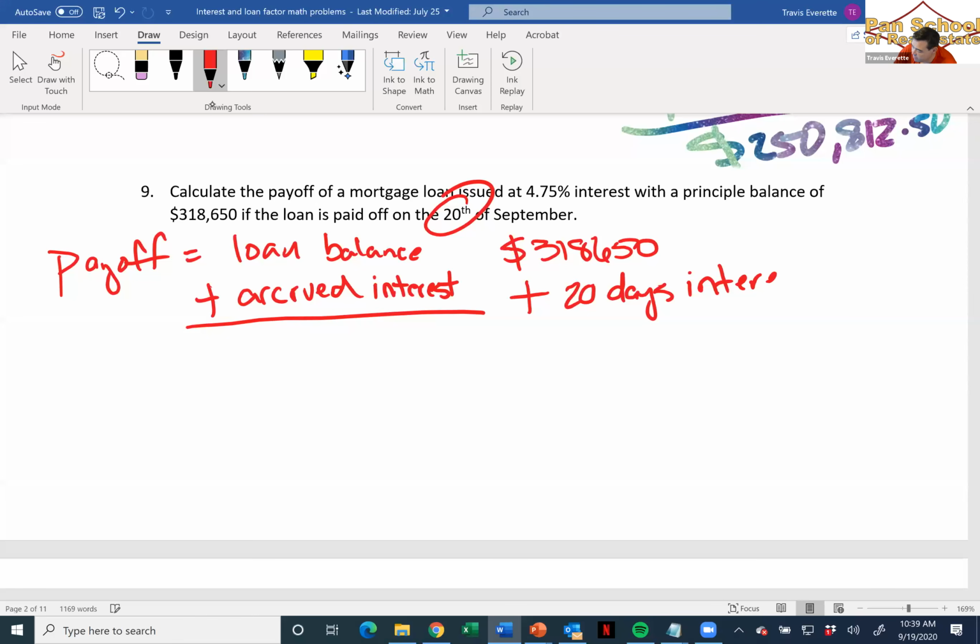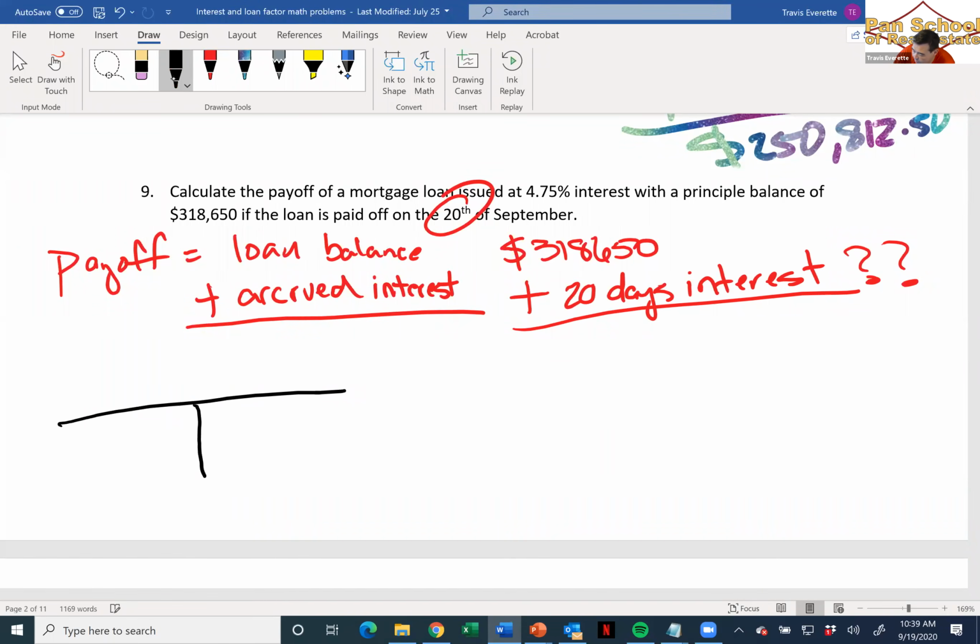Is that a true statement? Yeah. For our payoff? Yes. So that's the math we need to figure out. We need to figure out the one thing we don't know, which is this 20 days of interest over here. But we do have everything we need to get there.